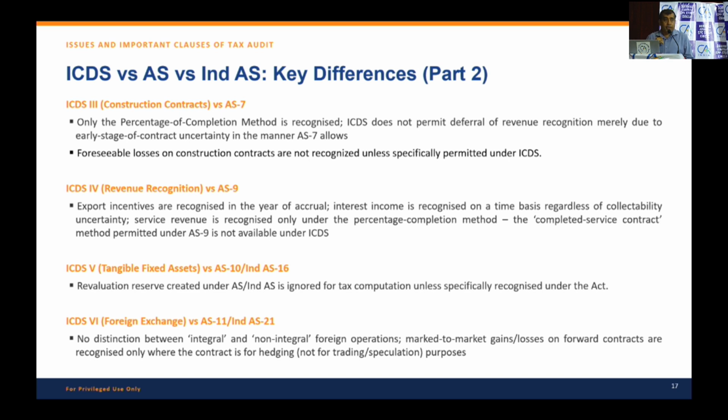But there is a problem there. When I saw ITR 6 or 7, whichever is applicable, there is a separate line item for depreciation as per books and depreciation as per IT. Now if I club that reporting here in ICDS and I don't report there, again there is a misreporting. So I'm not sure how you reconcile this problem.